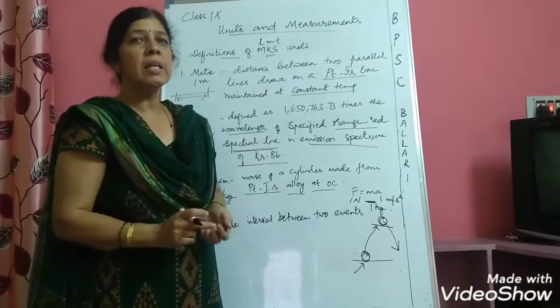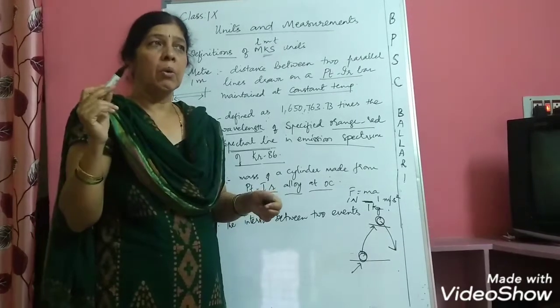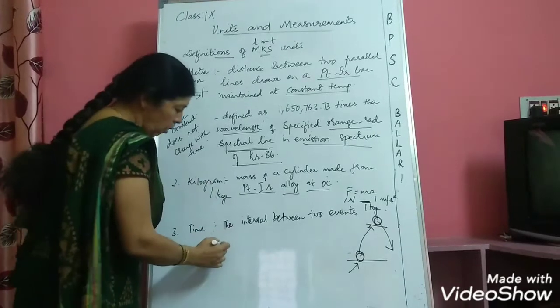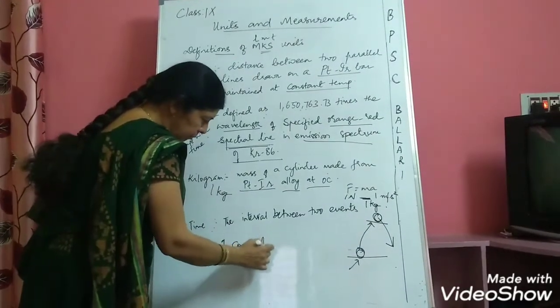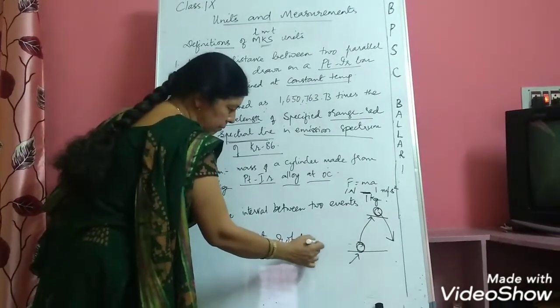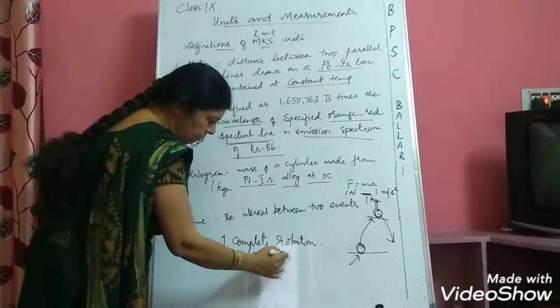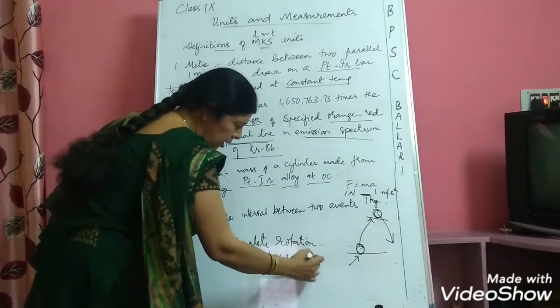Solar day is the time taken by the earth to rotate about its own axis. So for one complete rotation, how much time does the earth take? The earth takes 24 hours. Now this is called solar day.